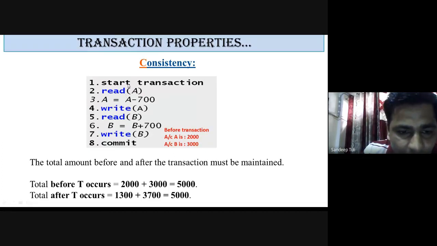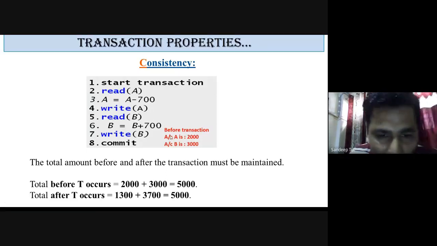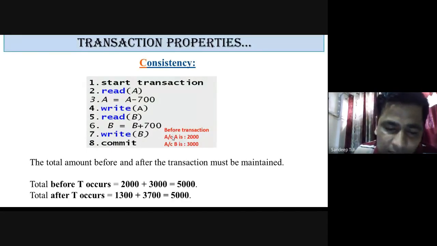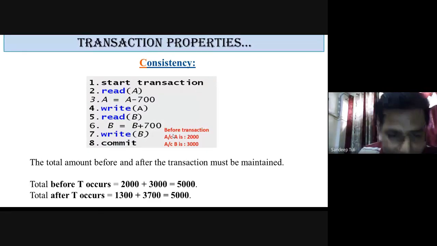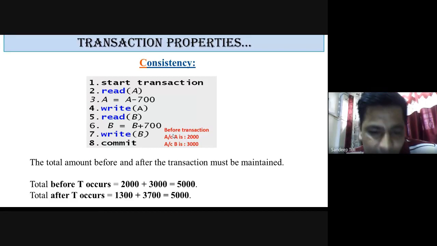After the successful completion, the total must be 5000, so that the database is in a consistent state. I have taken an example of an ATM also. If the money is withdrawn and you are able to get it, it means it is consistent. Otherwise, it is not consistent. Now, with this example, is it clear? If I am not able to explain it with this slide, maybe you are able to get it.